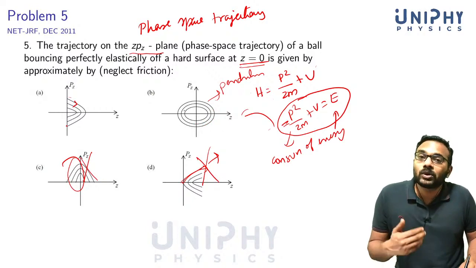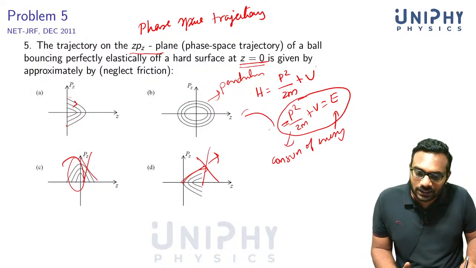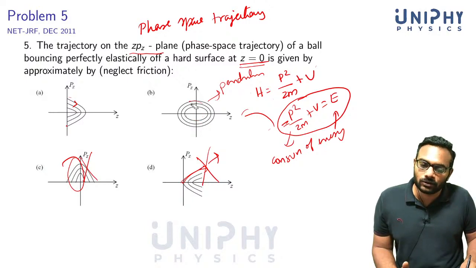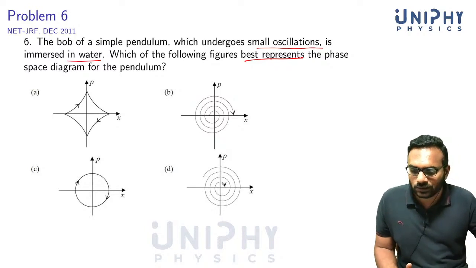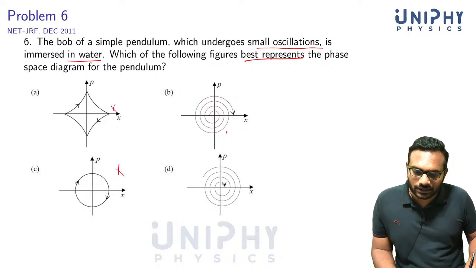But what happens if there is damping? That means it loses energy to the surroundings. It loses energy to water. It starts here, but it loses energy slightly, and it goes to lower and lower energy, and then it goes towards rest. That's what's happening here. So it's not this, it's not this. It has to be either this or this.